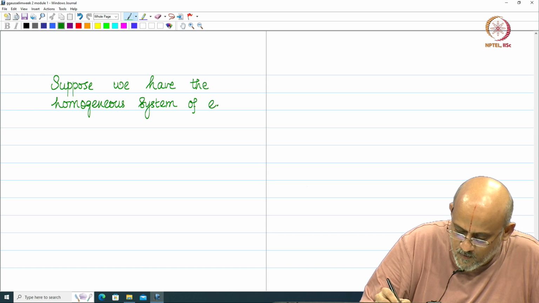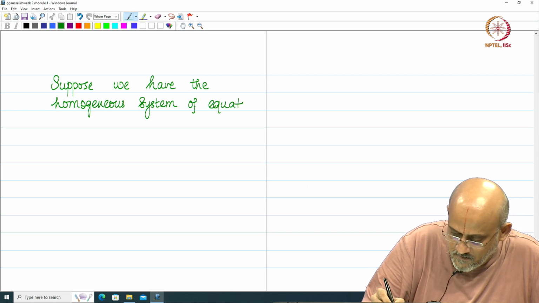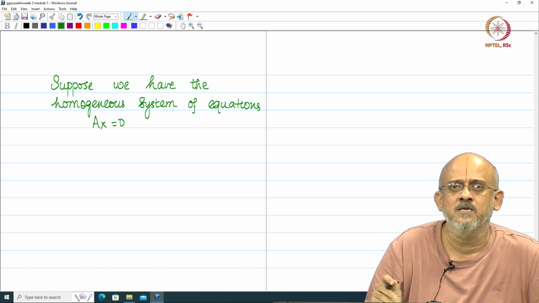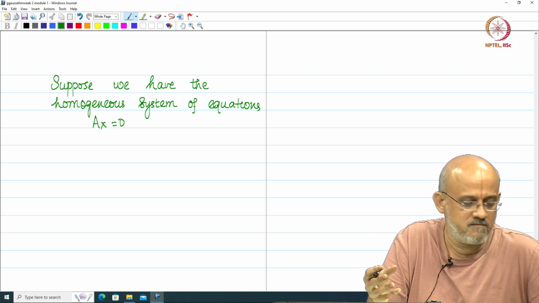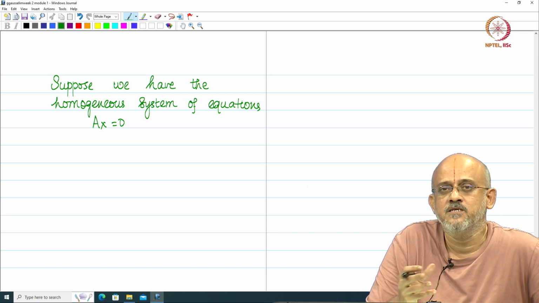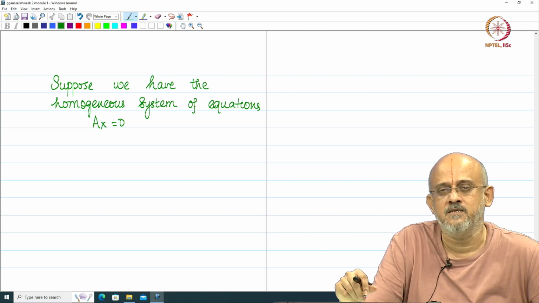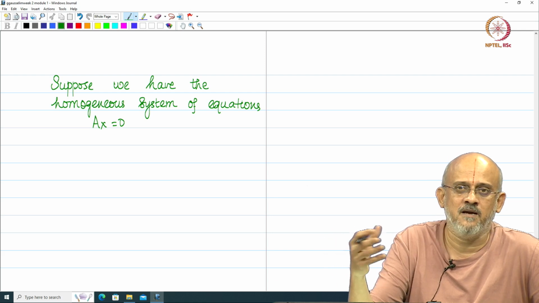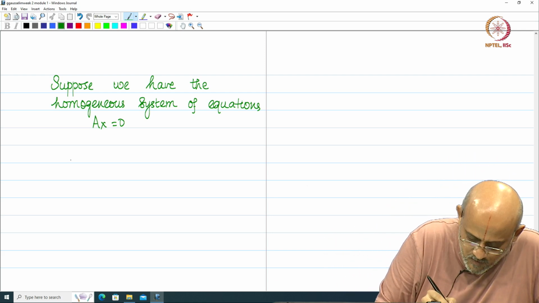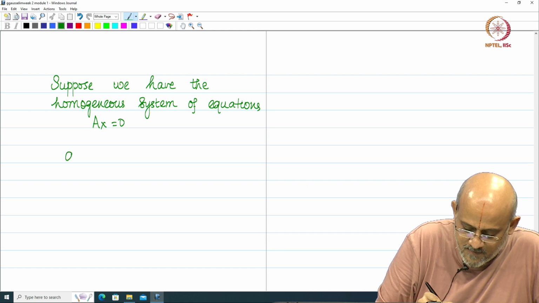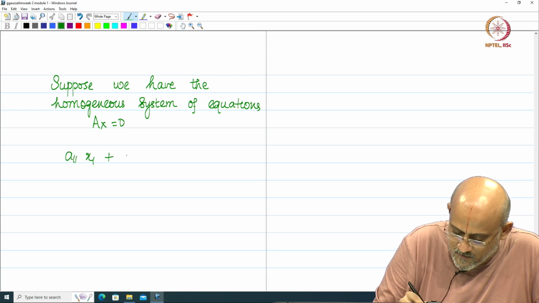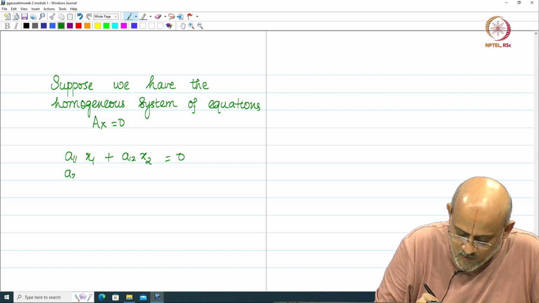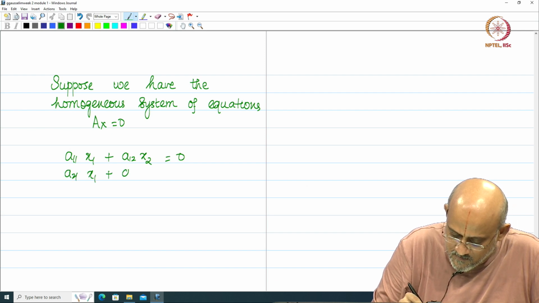Here again I am not going to go beyond 2D, because if you understand two equations in two unknowns, you can easily understand n equations in n unknowns. So I have the same thing: a11 x1 plus a12 x2 is equal to 0, a21 x1 plus a22 x2 is equal to 0.